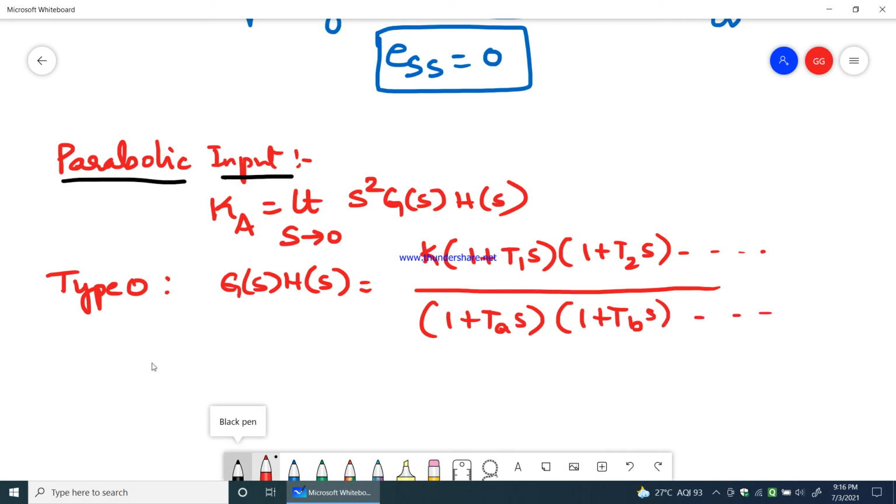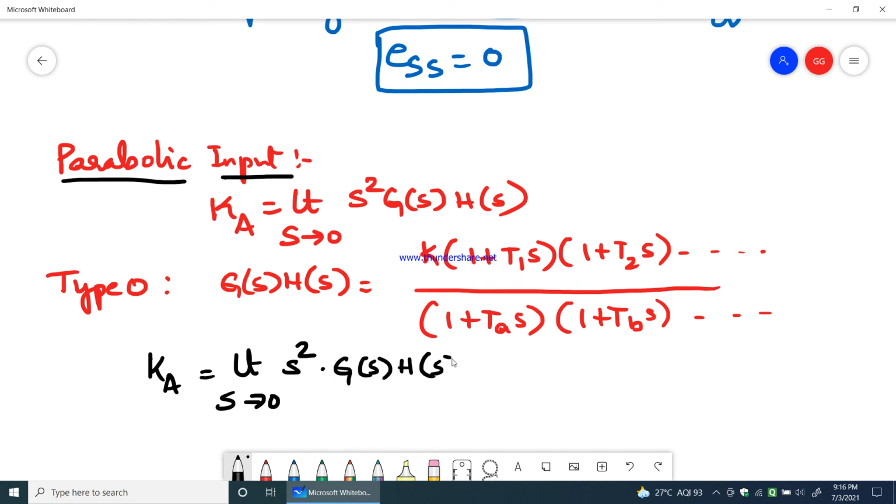Therefore Ka would be equal to limit s tends to 0 of s square into G(s)H(s), because s square will not cancel with G(s)H(s). Therefore Ka will be equal to 0 if you apply the limit, because s square will never cancel.